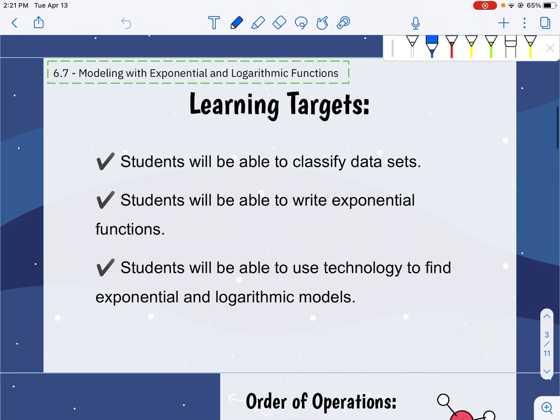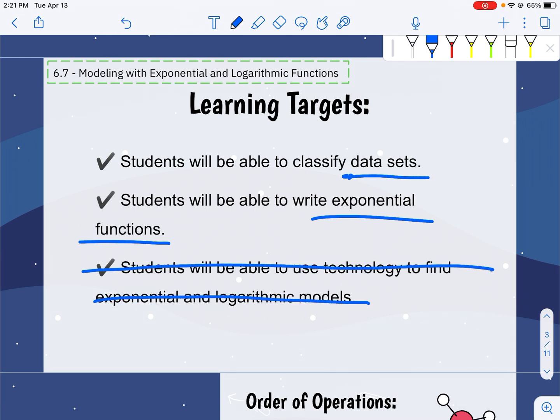Today, the learning targets are to be able to classify sets of data. We will also look to write exponential functions. That's something you already know how to do, but we're going to look at it with a little bit of a twist. Students will be able to use technology to find exponential and logarithmic models.